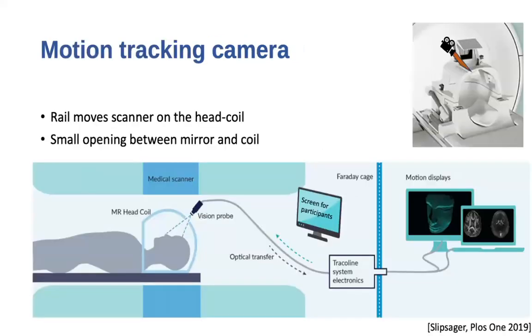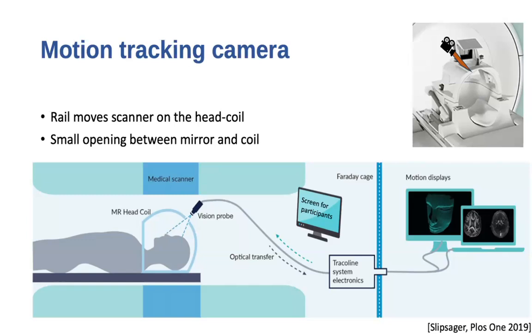Now, of course, it's never that easy, right? We just install the camera and it just works. We have to look a little bit more into how this is acquired. First, you can see here that the camera sits on the head coil and basically has a tiny field of view, right? So it's kind of on the top left of your face, and it records this general area, as you saw in the previous image.